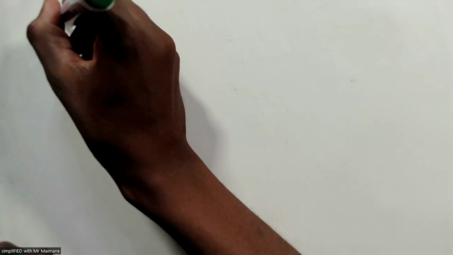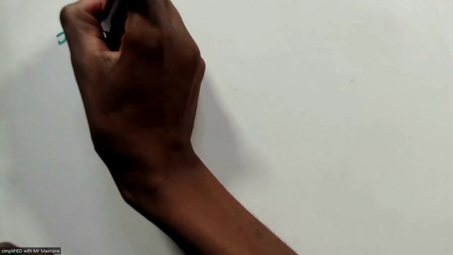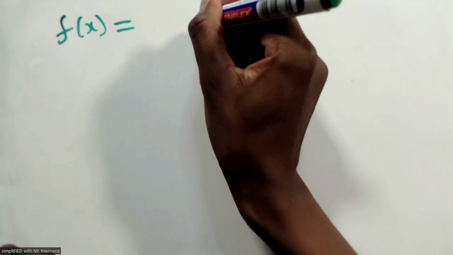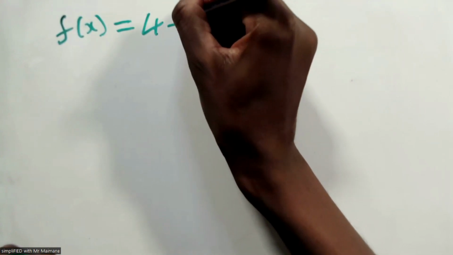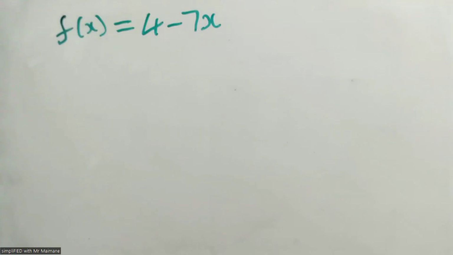So here we are given f of x is equal to 4 minus 7x, right?